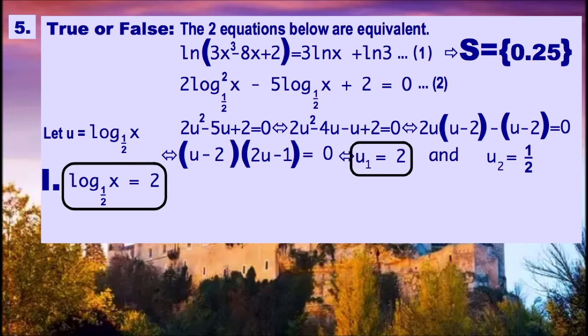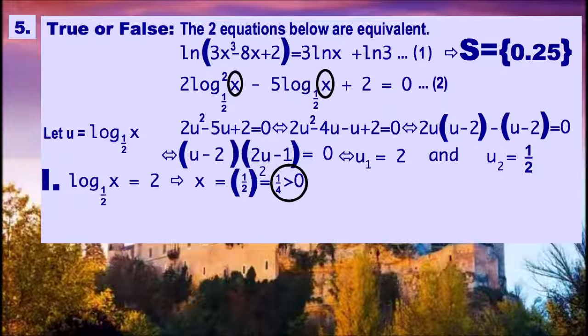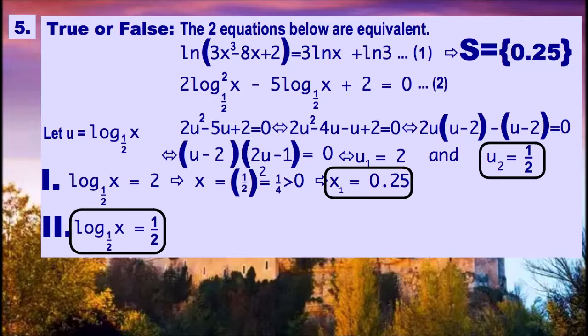Case 1, log base 1/2 of x equals 2. Applying the definition of a log, 1/2 raised to the second power equals x, which equals 1/4. 1/4 is greater than 0, so our arguments are greater than 0. Thus, x1 is equal to 0.25. Now, log base 1/2 of x equals 1/2.